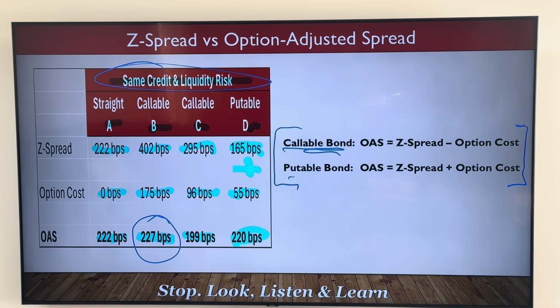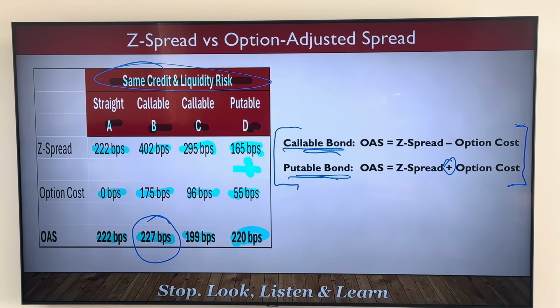And in the case of a puttable bond, the option adjusted spread is going to be the Z spread, again, which they will give you. And in this case, you're going to add the cost of the option, because the issuer is going to reduce the amount of interest that it is going to pay to you as compensation to it for assuming the risk associated with the put option that you will have.